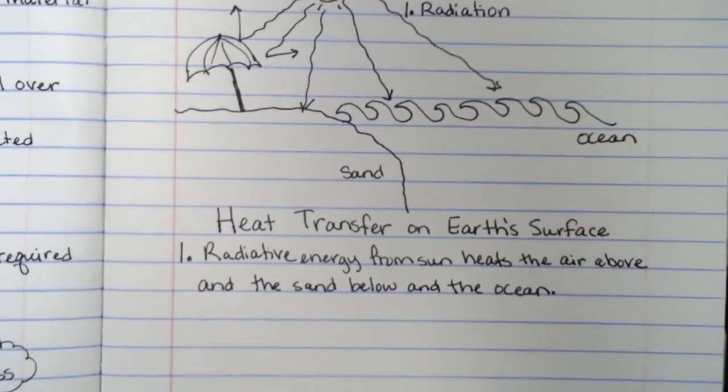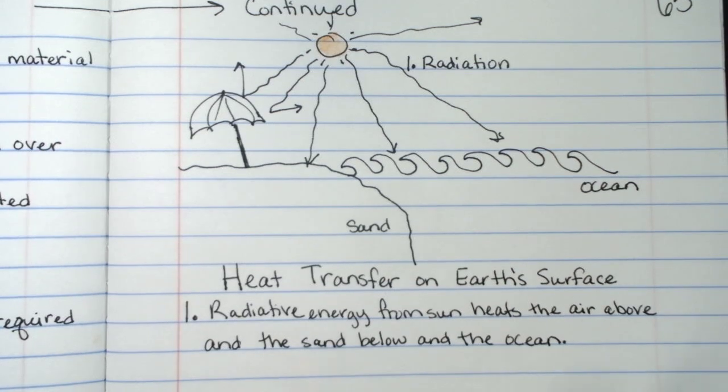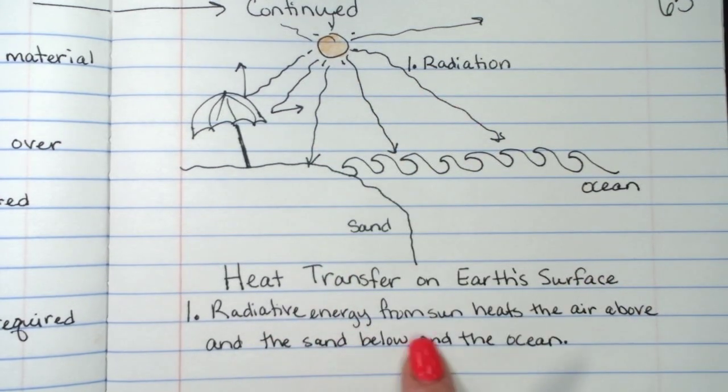Okay? Step one. Radiative energy from the sun heats the air and the sand and the ocean.